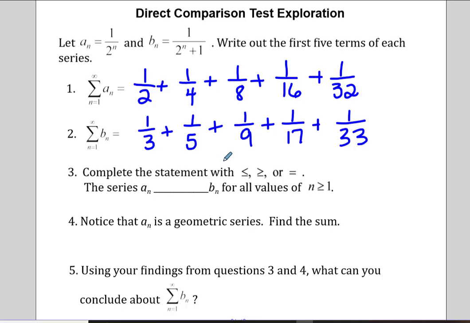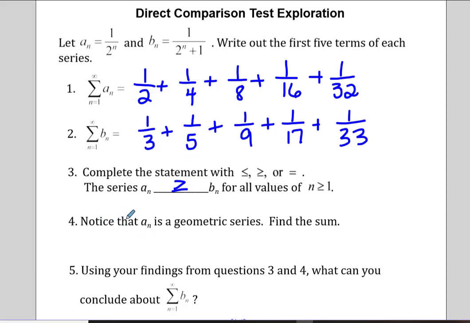To complete the statement with less than or equal, greater than or equal to, we could say that the series a sub n is going to be greater than or equal to the series b sub n for all values for n greater than or equal to 1, because 1/2 is greater than 1/3, and 1/4 is greater than 1/5, and so on.